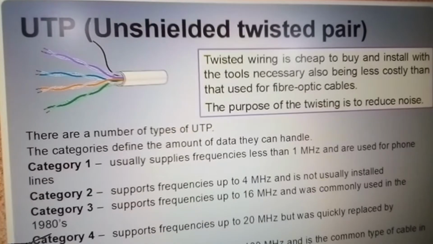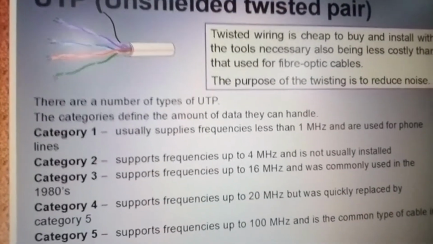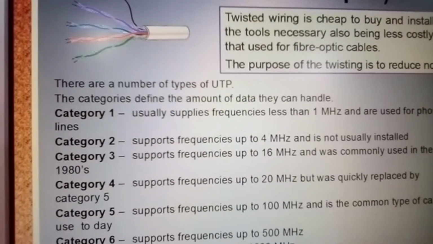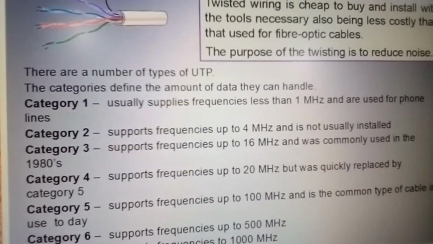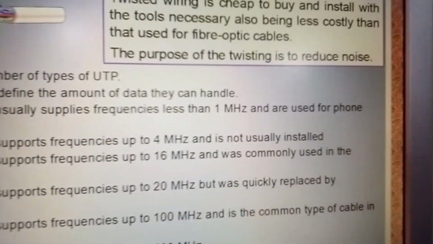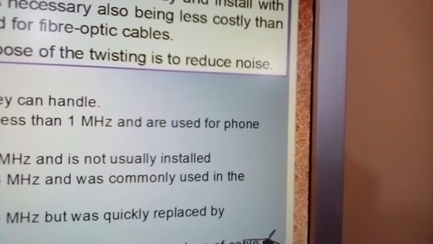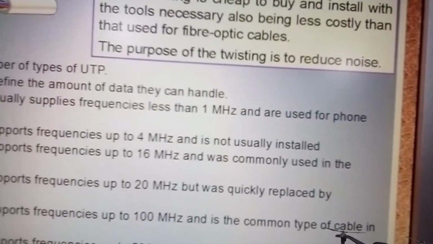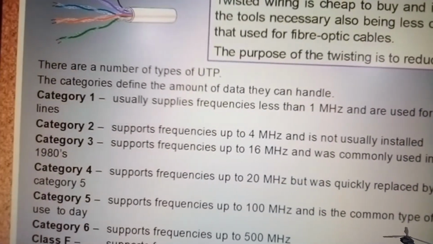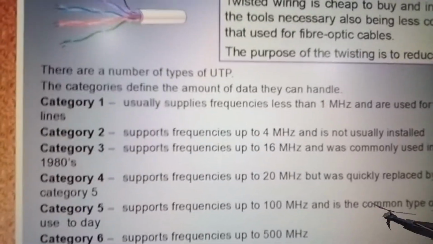Category 2, 3. Again, telling you what the response can be. And you can see it goes up to 100 megahertz, category 5.